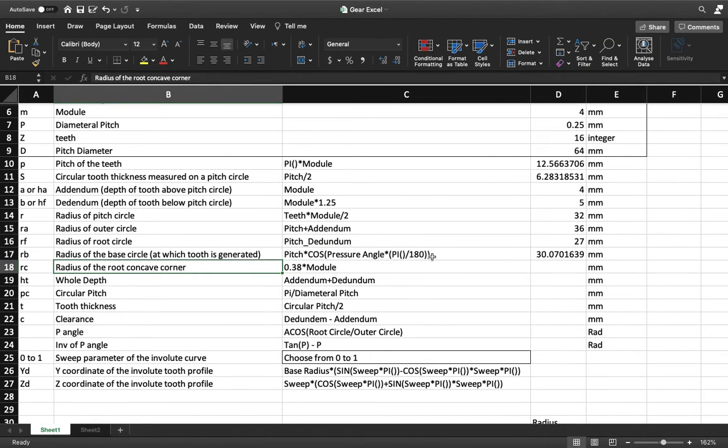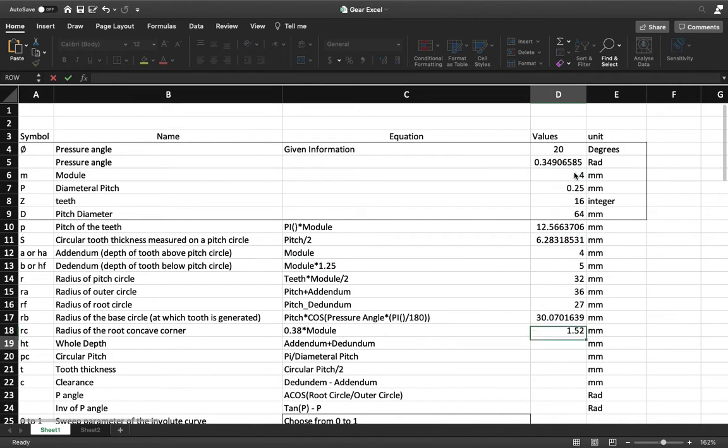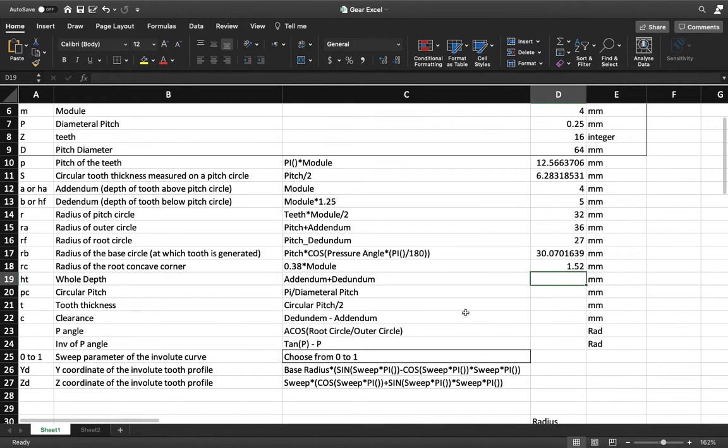Radius of the root concave corner is 0.38 multiplied by the module. Of course, these equations you can find in a machine design book. I think it was called Mechanical Engineering Design by Budynas and Nisbett, in SI units.